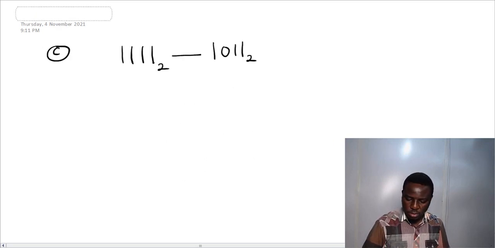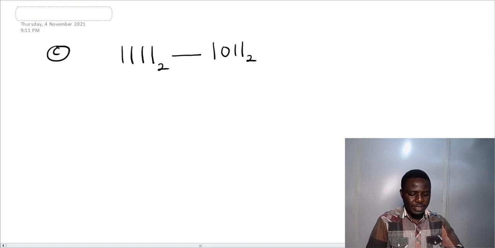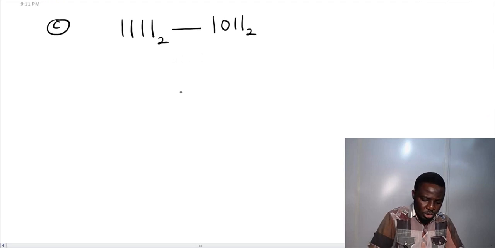Let's take more subtraction. 1111 base 2 minus 1011 base 2. We are still going to apply the same principle in subtraction.